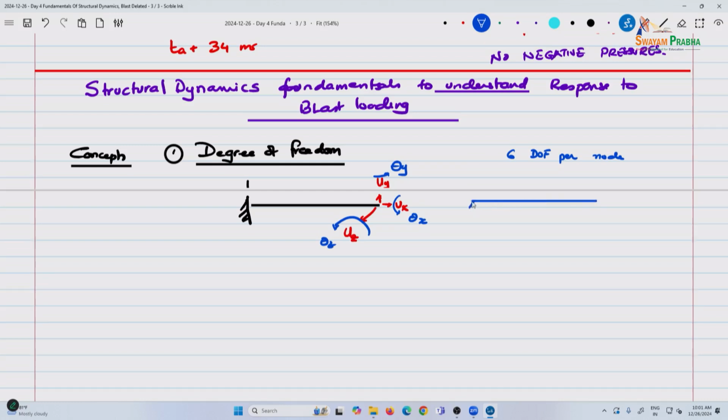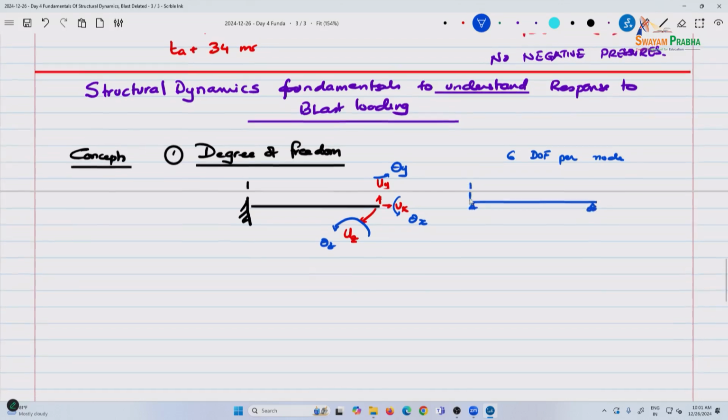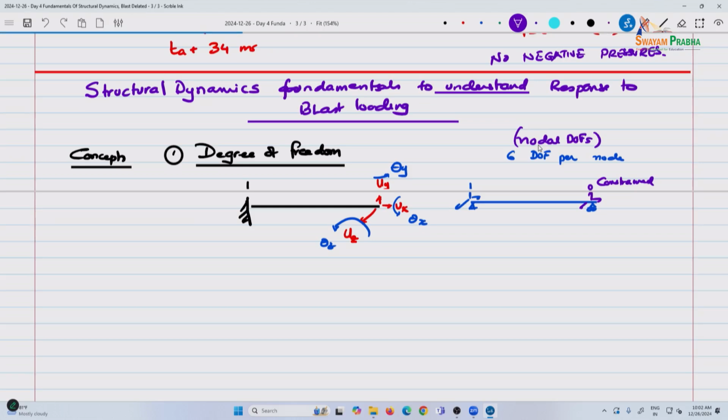What we are interested in, if you do the same thing, some of these are constrained, of course. Let's say you have these degrees of freedom here and here, and this degree of freedom is constrained, but these are nodal degrees of freedom. So these are called nodal DOFs. When you are using finite element programs like LS-DYNA or Abaqus or anything else, what you are going to get back are these nodal degrees of freedom, rotations and things like that.